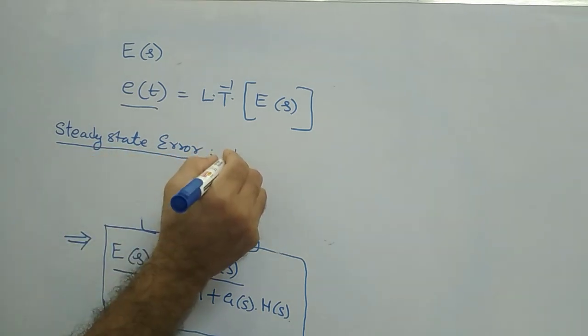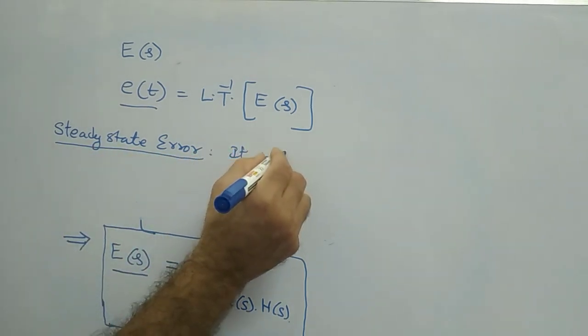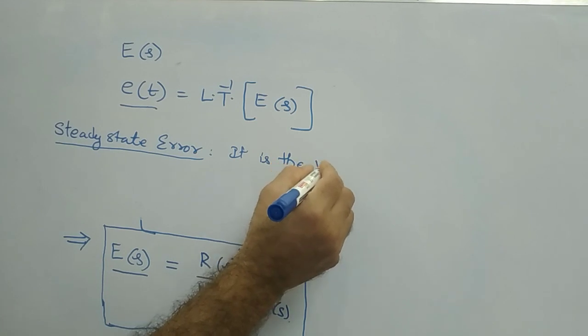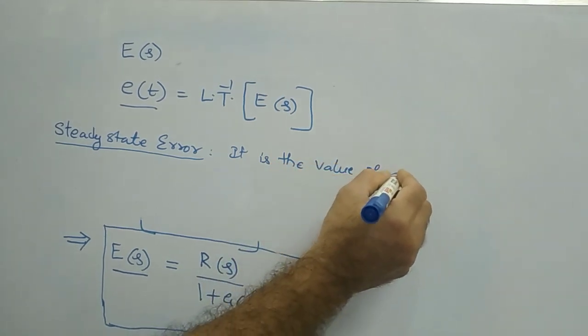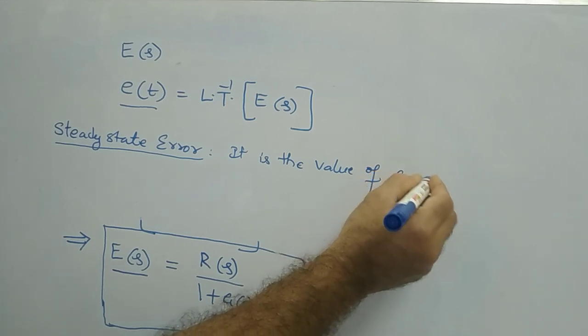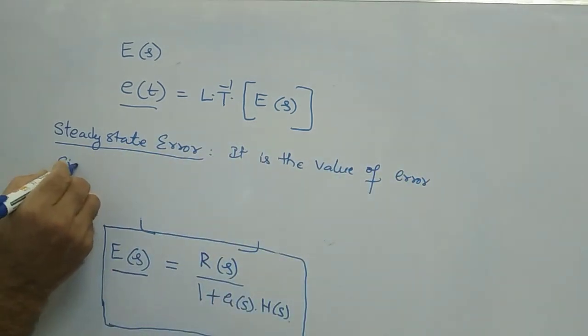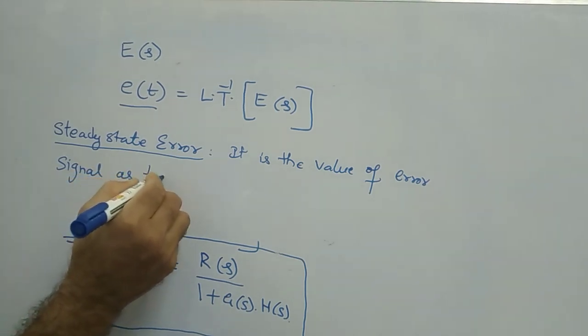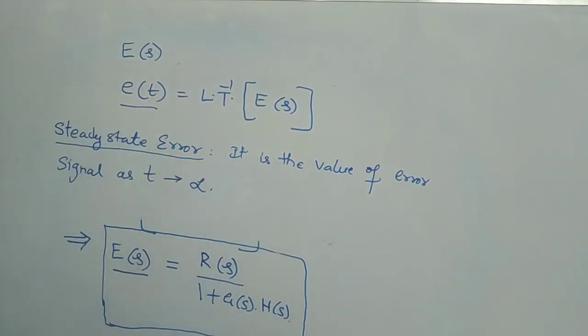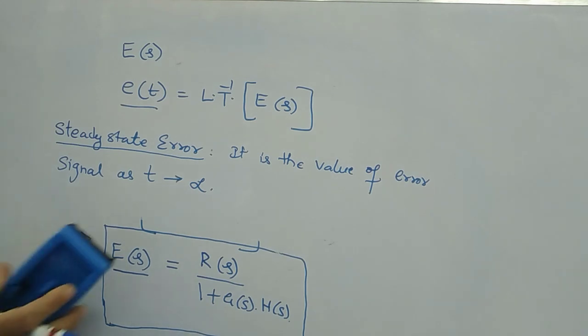It is the value of the error signal as t tends to infinity, as limit t tends to infinity. That is the steady state error.